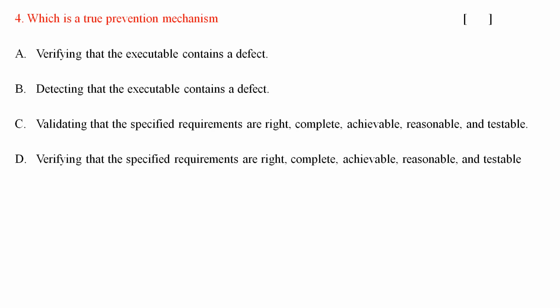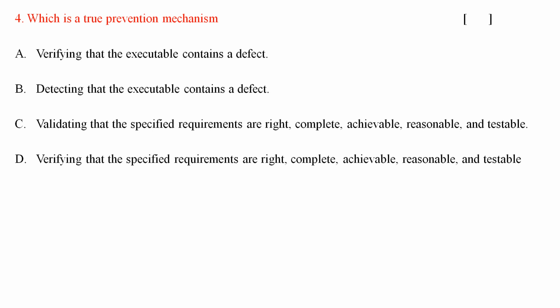Next. Which is a true prevention mechanism? Verifying that the executable contains a defect, detecting that the executable contains a defect, validating that the specified requirements are right, complete, achievable, reasonable, and testable. Verifying that the specified requirements are right, complete, achievable, reasonable, and testable. Right?